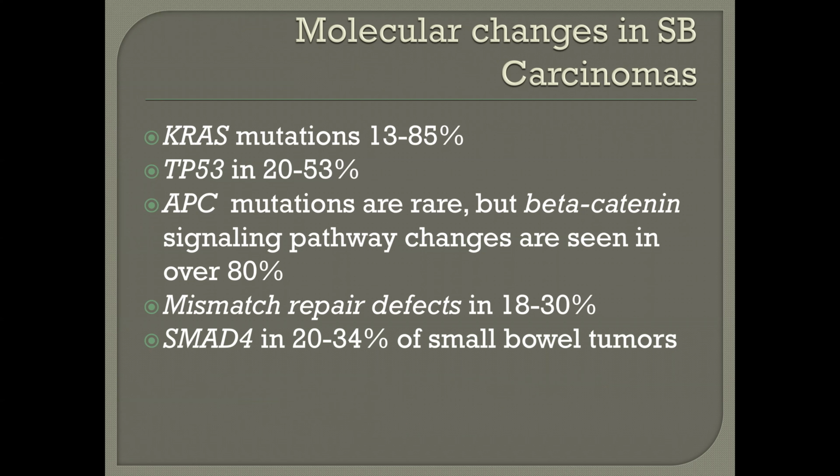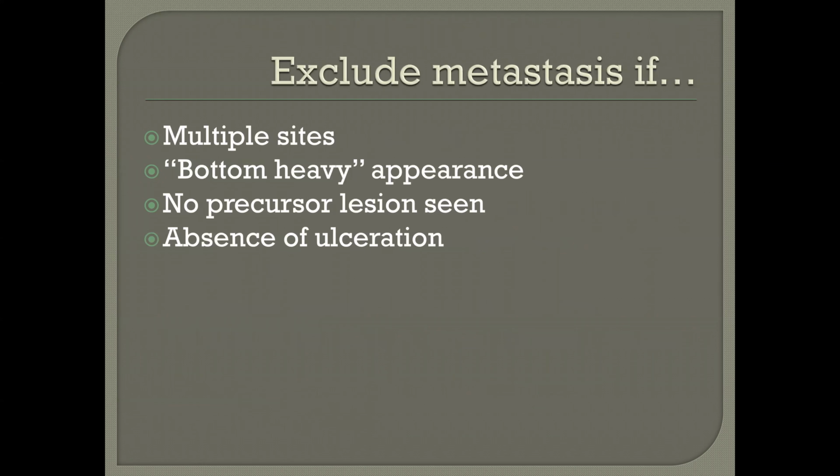So more frequently seen than perhaps primary carcinomas are metastatic carcinomas. And in terms of evaluating that, I think you want to think about a couple of considerations. First of all, is this a single site lesion or do we have multiple sites? If it's multiple, much more likely to be metastasis. Is it bottom heavy?